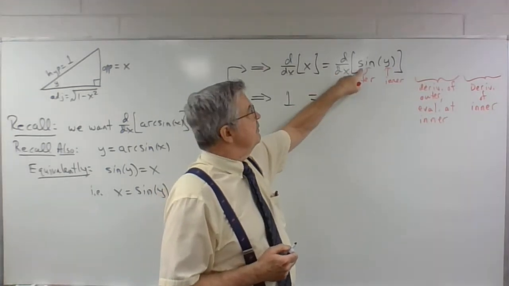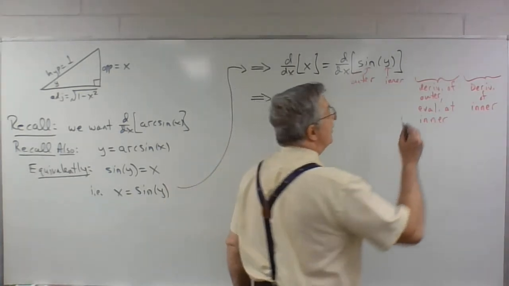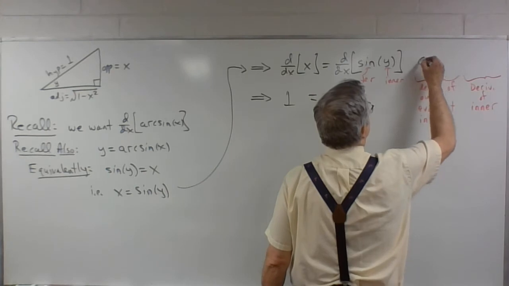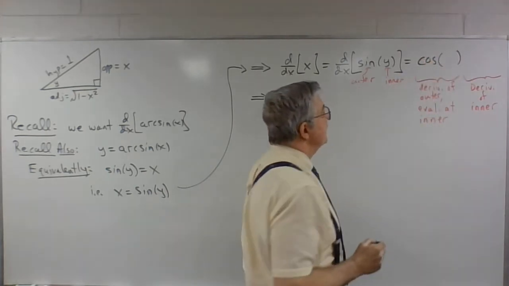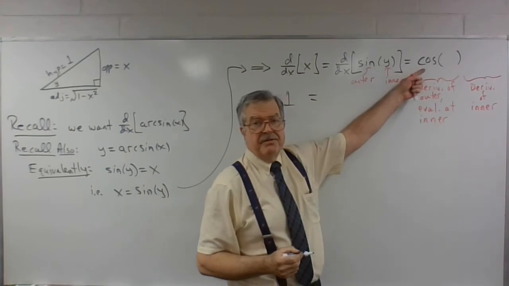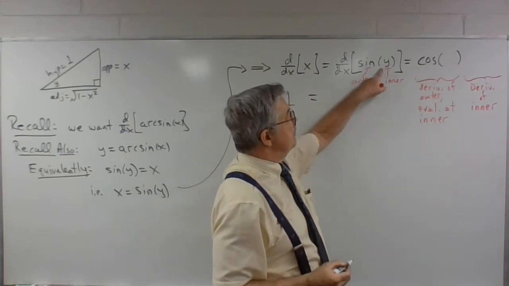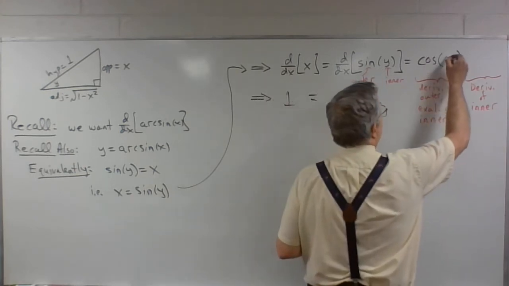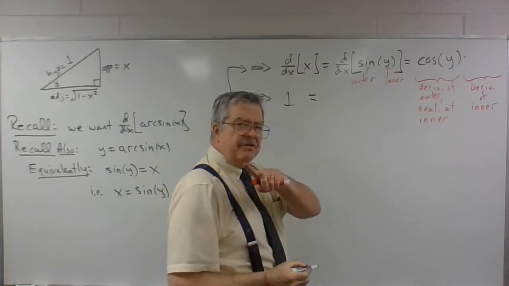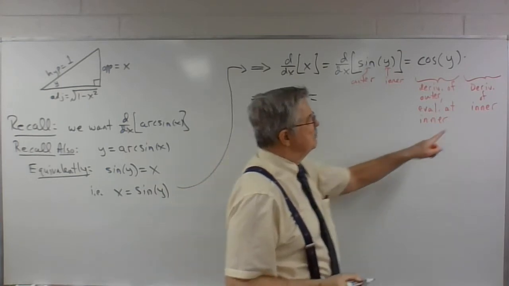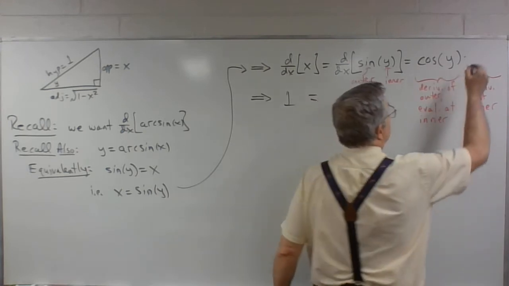So the derivative of sine evaluated at something is cosine evaluated at something. Here's the derivative of the outer function. And now we have to evaluate it at the inner function, y. And then because of the chain rule, we have to multiply by the derivative of the inner function.